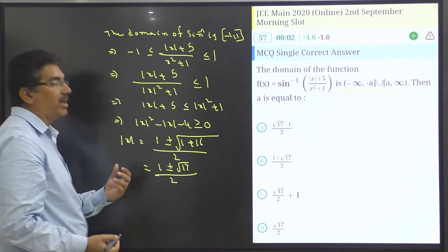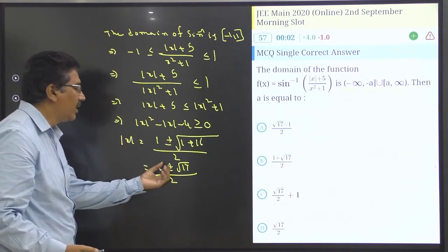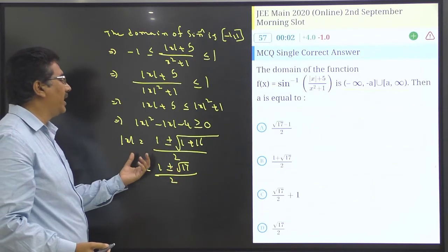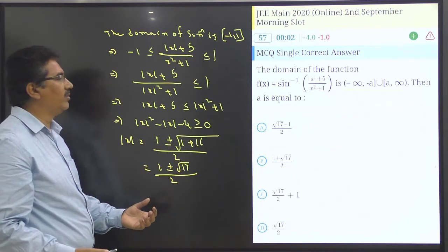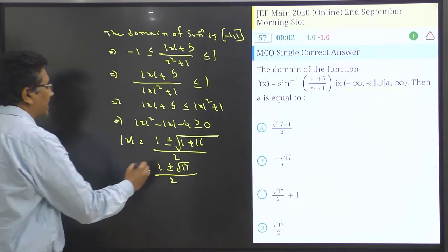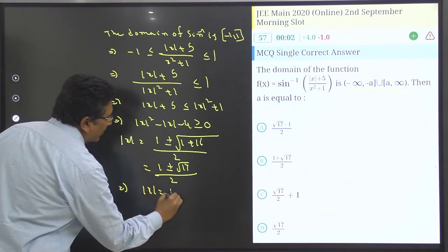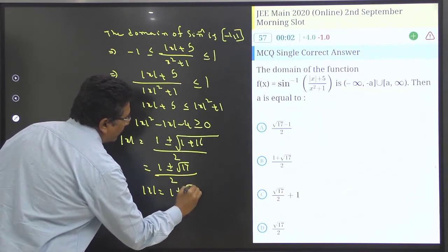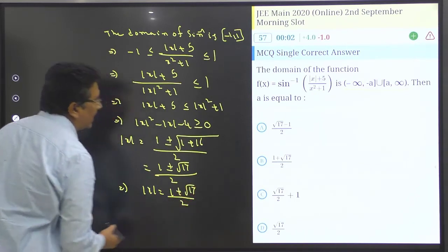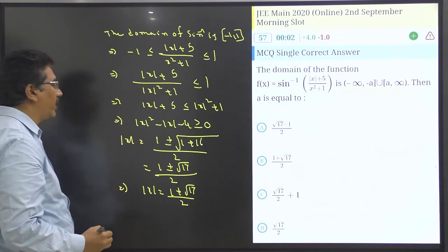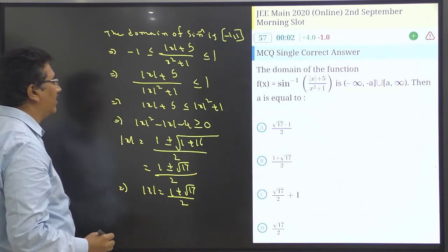Here 1 minus root 17 by 2 is negative, but mod x is always positive, so mod x is equal to only 1 plus root 17 divided by 2.